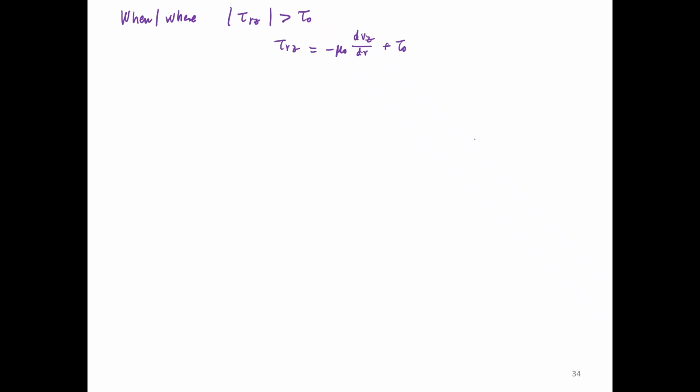And the only thing that I flipped on you is that the way we defined it in introductory lecture, we said tau yx is minus mu 0 dvx dy, right? And here I changed those to cylindrical coordinates. Okay, so great. I know what this says, right? This is equal to my dp dz r over 2.